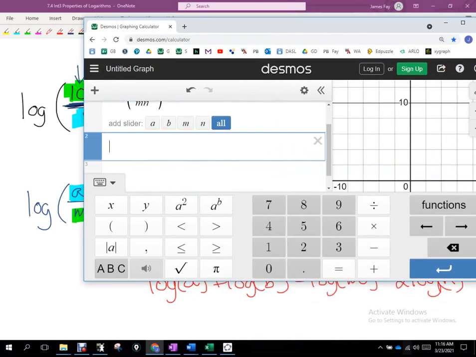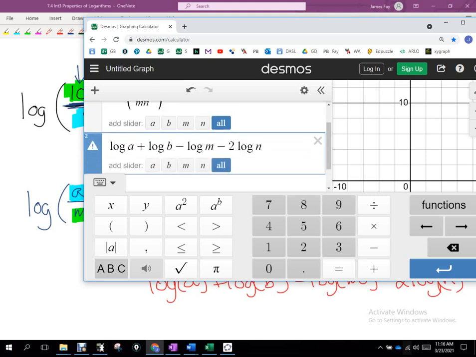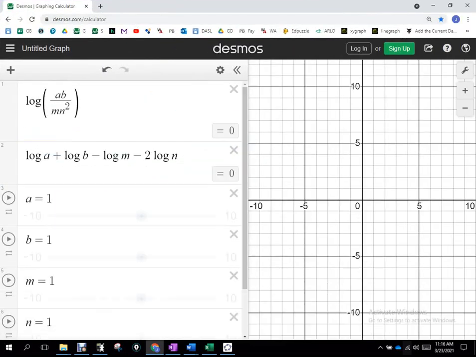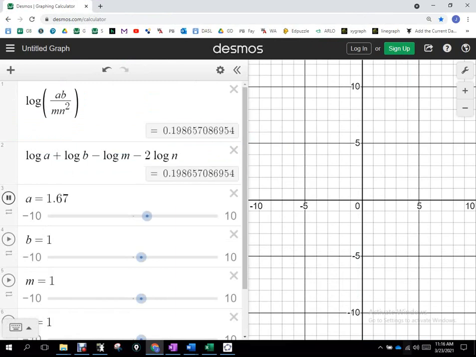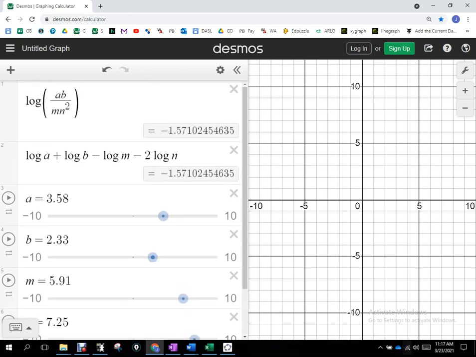And then we had log of A plus log of B minus log of M minus 2 log of N. And it says create slider for all those. So if I allow those values just to be random, do the two end up being the same?